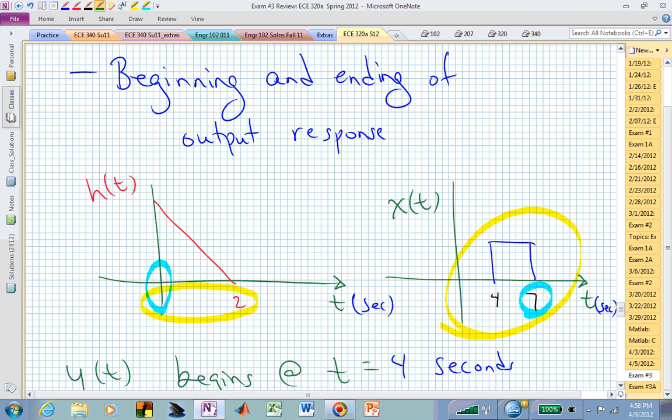Or what do we want to have happen or be true in order for y to look more like x? What do we need to have happen? We want h to look more and more like an impulse response. The more h looks like a true impulse response, the more y is going to look like x. Is that making any sense? Does that mean anything to you?